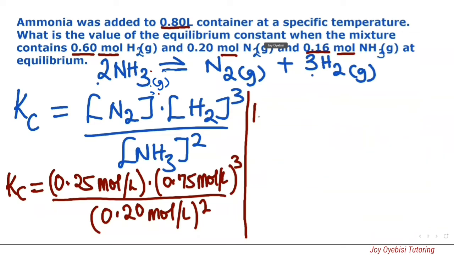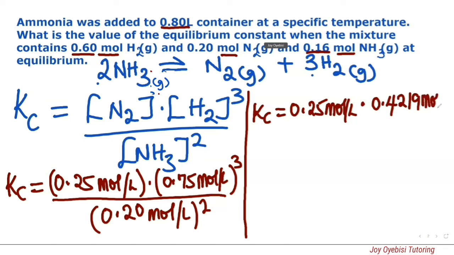Okay, so we do the calculations. Kc equals 0.25 moles per liter, multiplied by 0.75 raised to the power of 3, which is approximately 0.4219, and this is moles cubed per liter cubed.